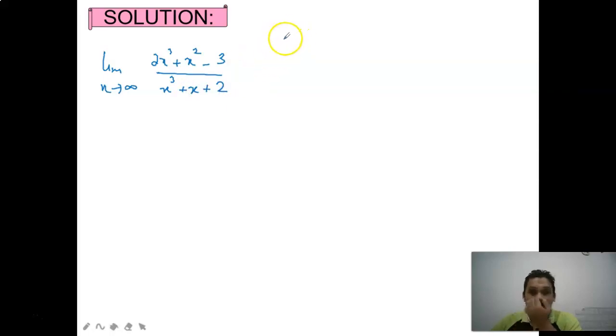For this case, the highest degree of x in the denominator is 3, so x cubed is the highest power from the denominator.